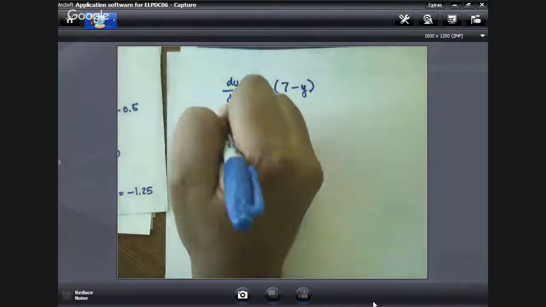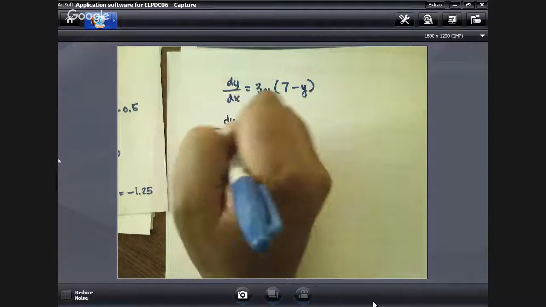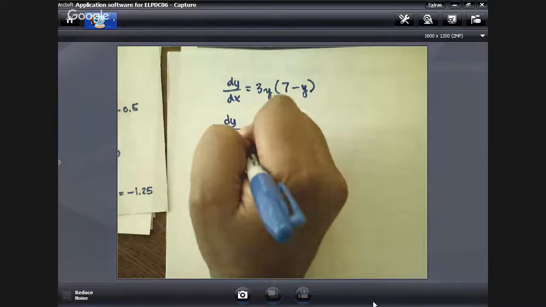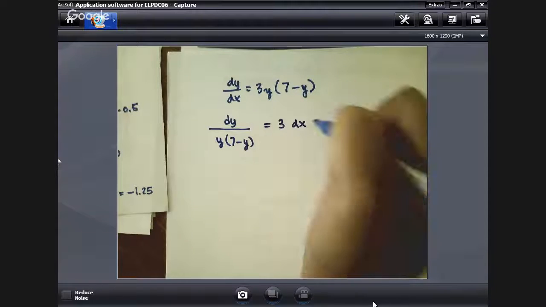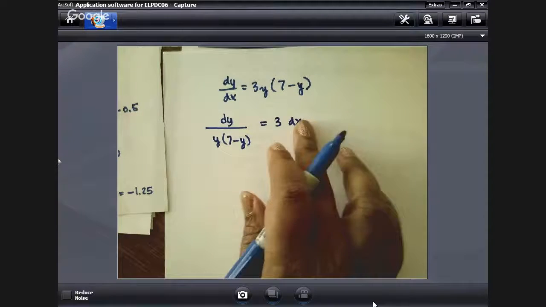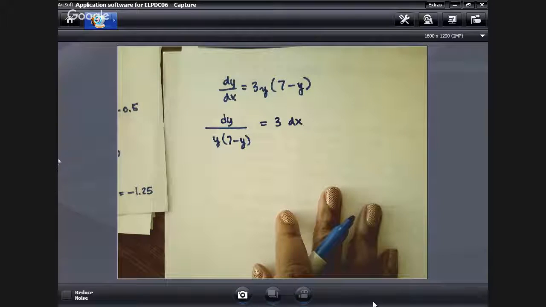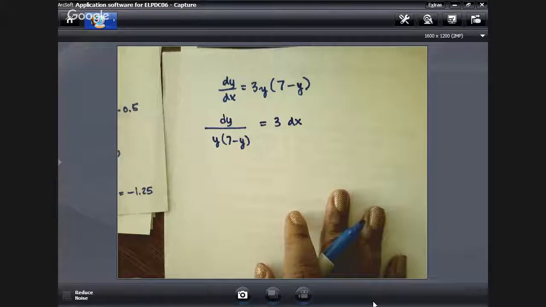This is going to be easy to separate. Some people think of this as cross multiplication. I like to leave the constant on the right.